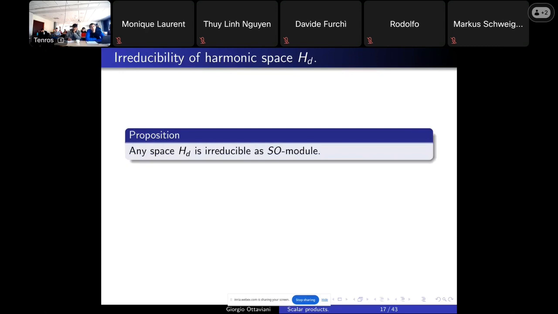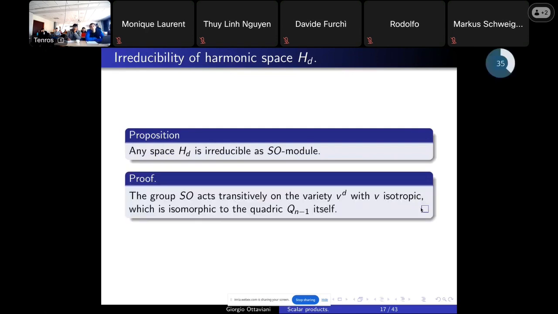And the consequence is that this is already irreducible. And the proof is that the orthogonal group acts transitively on this variety. So you see, you have this quadric embedded. The quadric is usually embedded in PV, no? But let's do the Veronese embedding.